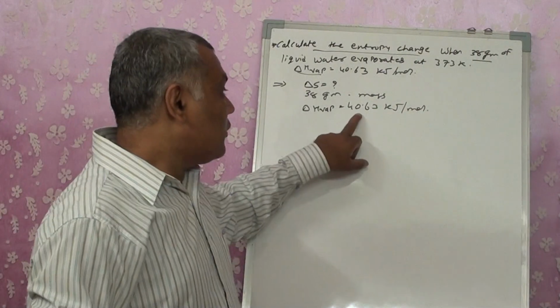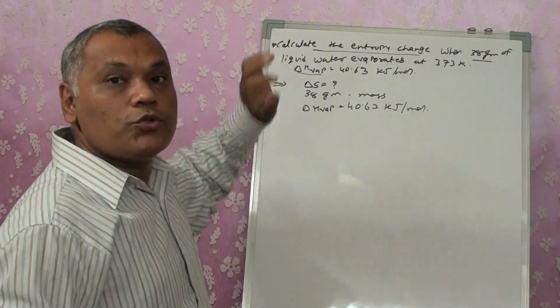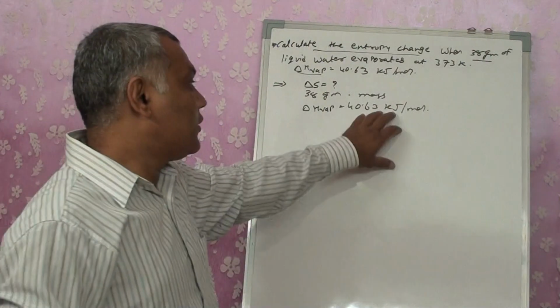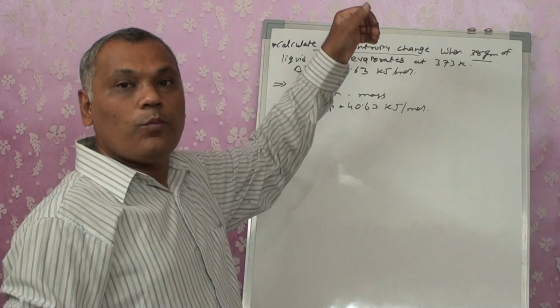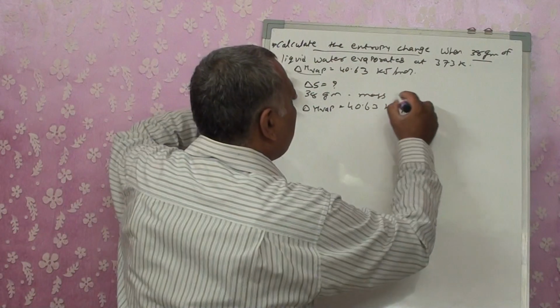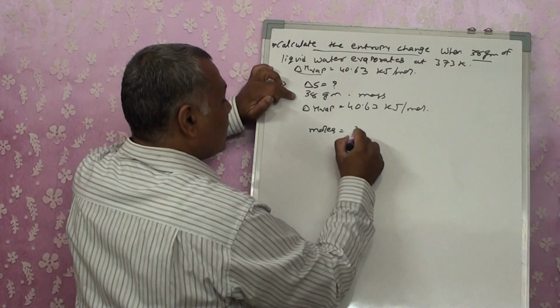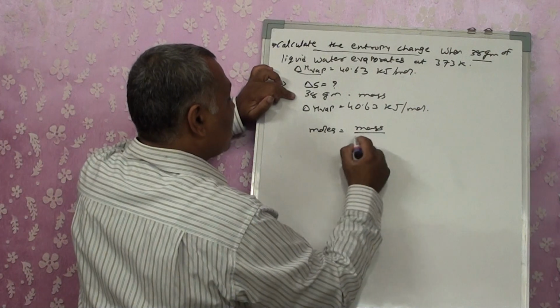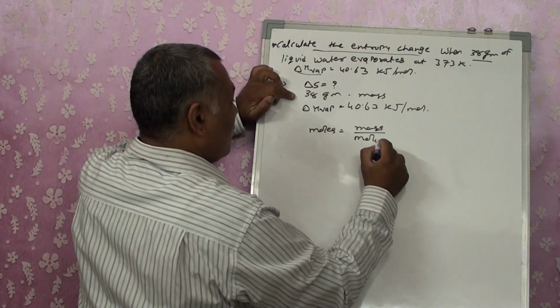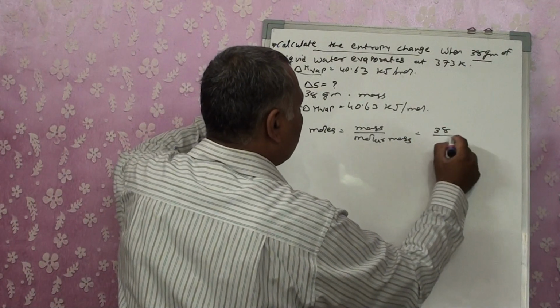Now this value is given to me for 1 mole. I want to calculate it for mass. So first of all, either I should convert this into mass or this into mole. This one is much better to convert into moles. We have the formula: moles equals mass upon molar mass, that is 38.